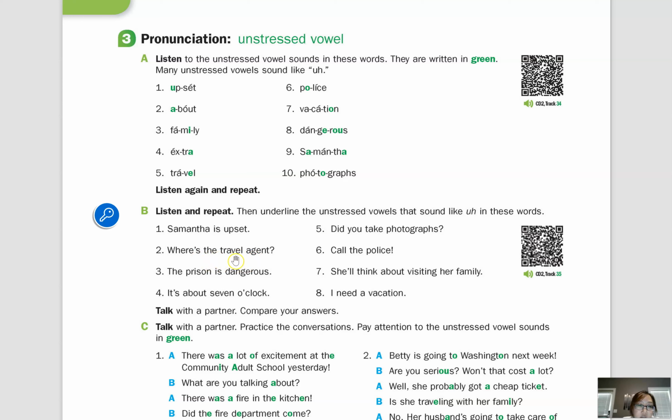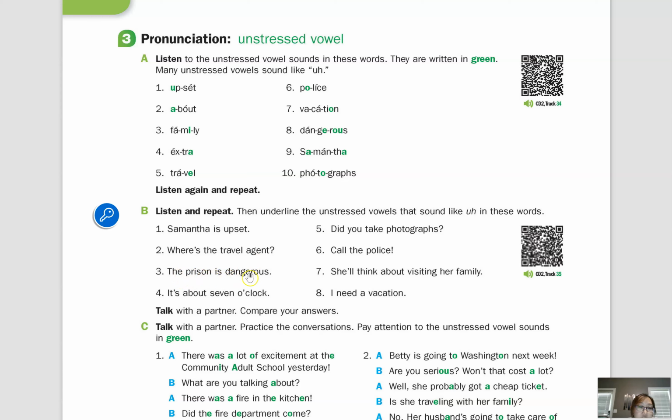Travel, so here too, and then agent. In this case, we do not underline A because we say agent, not "uh-gent." So A is emphasized. That means the E in gent is the unstressed vowel. Agent, gent.